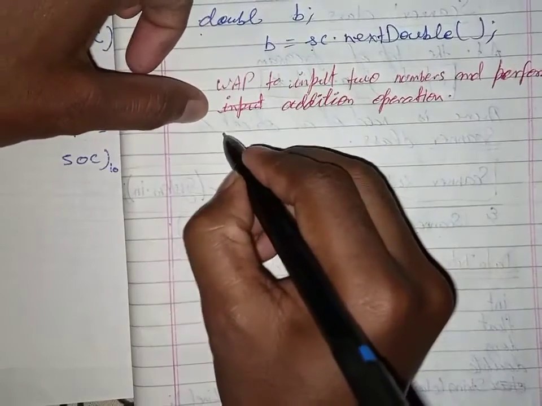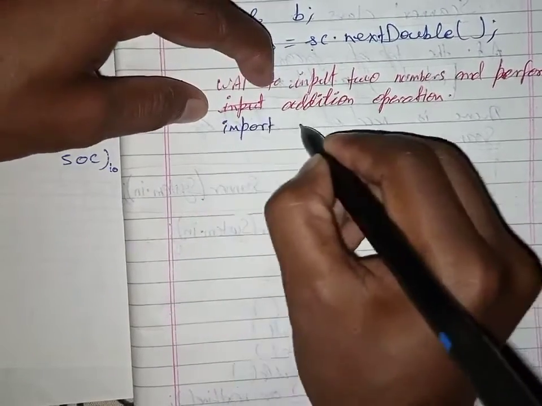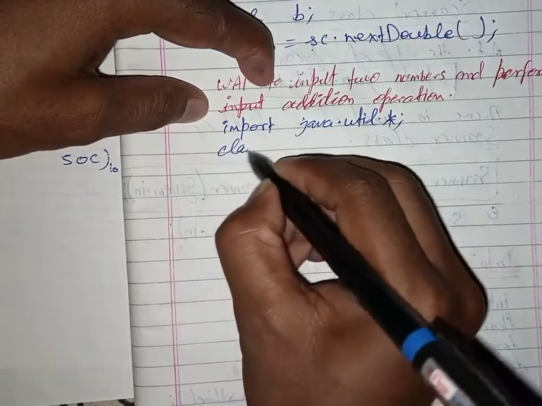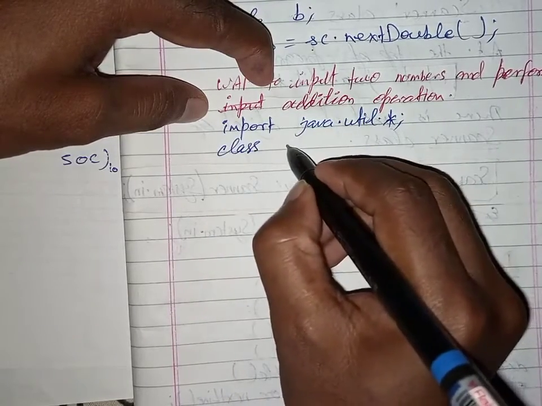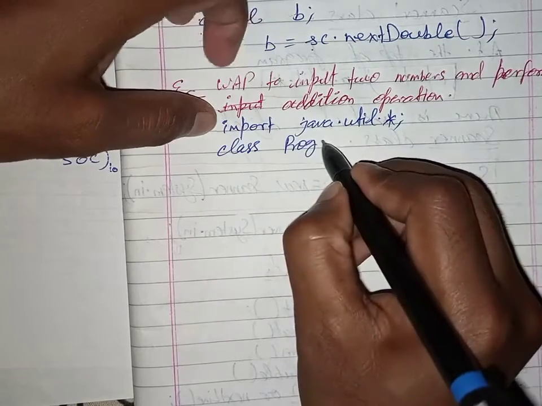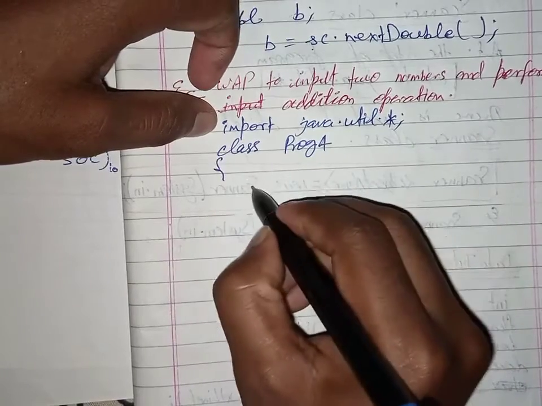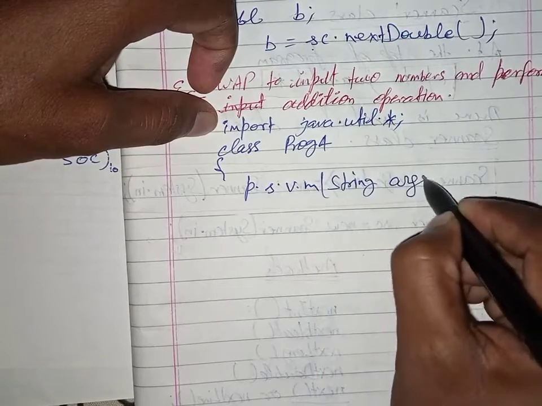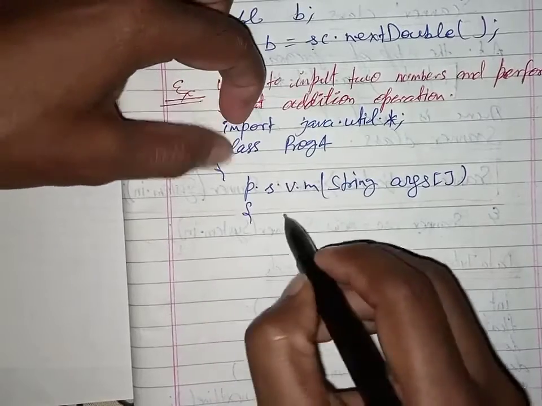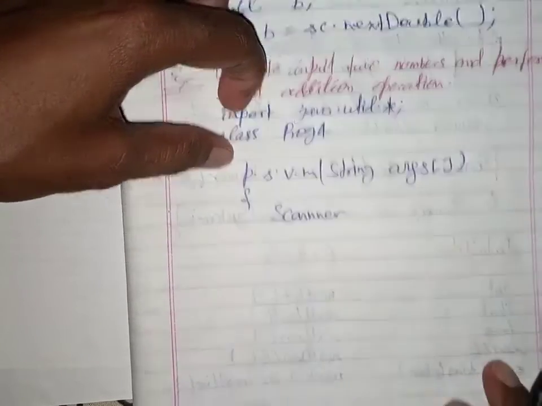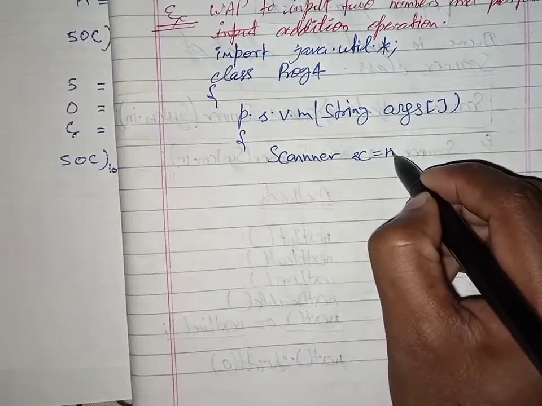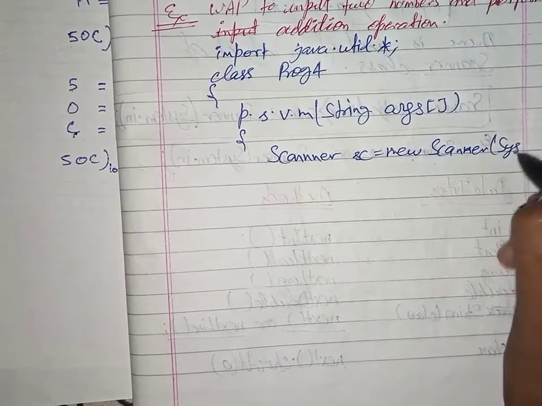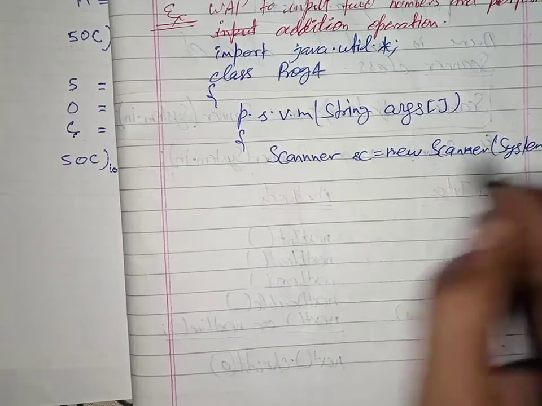So first import java.util.star, then class, suppose prog4, public static void main string args, and then scanner sc is equal to new scanner system dot in.